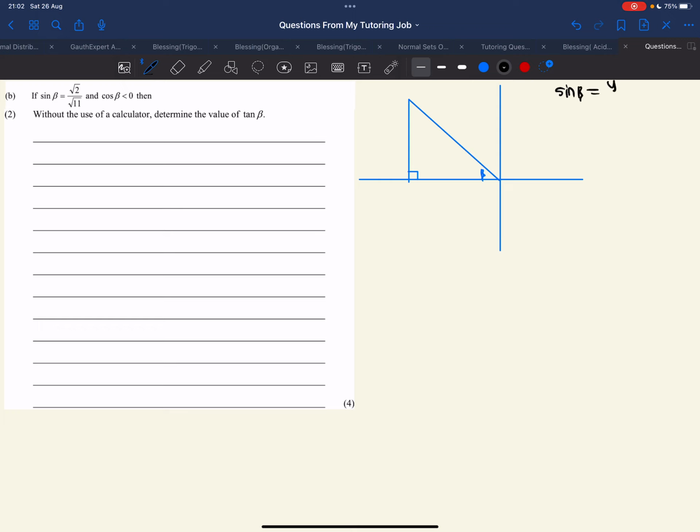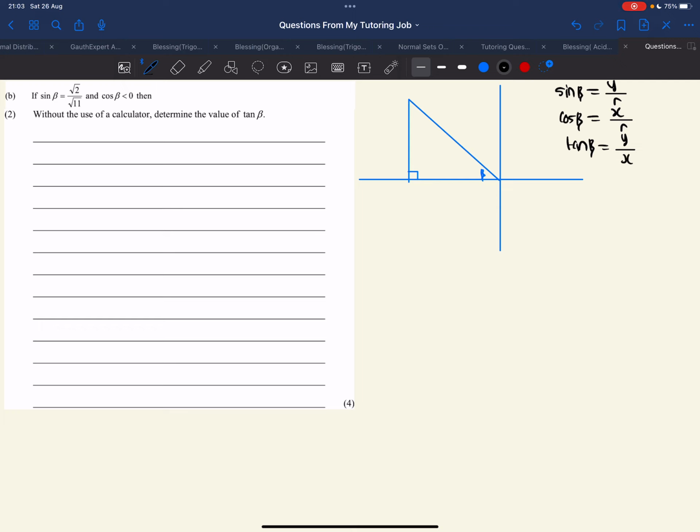going to be y over r, and then cos of beta will be x over r, and then tan beta has to be y over x.